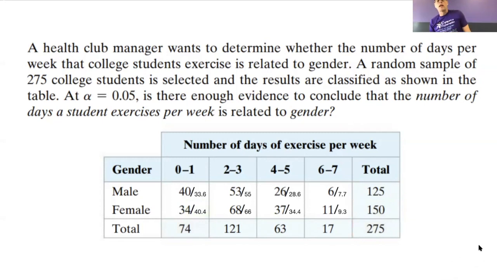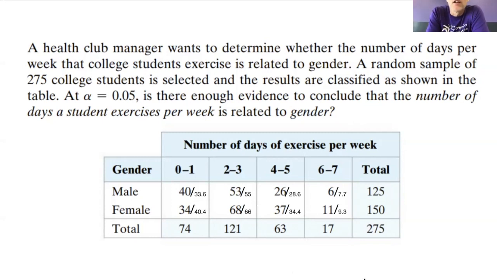I've calculated them to the nearest tenth. Let's go back to the condition we need to satisfy before we can do this test, and that is that all of those expected counts must be at least 5. We can see that the lowest expected count is 7.7. Therefore, we can continue with the test.